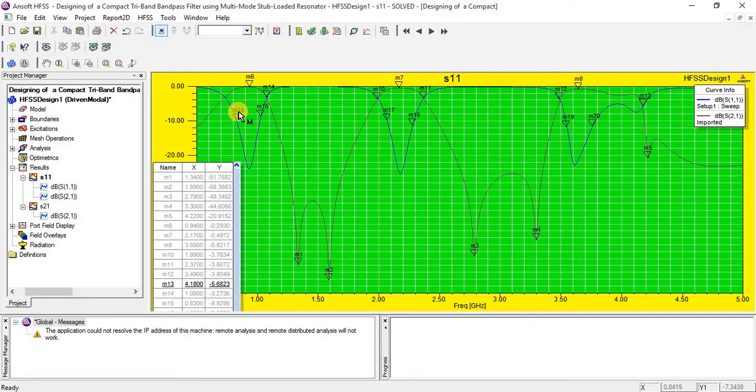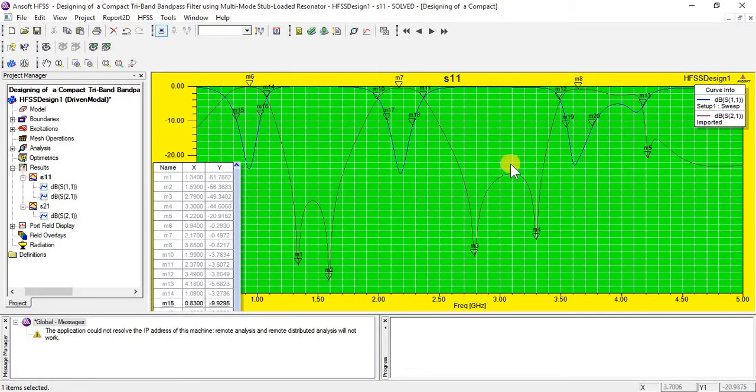We always find the bandwidth of a passband at -10 dB. This is the lower cutoff frequency and this is the higher cutoff frequency. This is the lower cutoff frequency of the first passband and the higher cutoff frequency of the first passband. Lower cutoff frequency of the second passband and higher cutoff frequency of the second passband. Lower cutoff frequency of the third passband and higher cutoff frequency of the third passband.